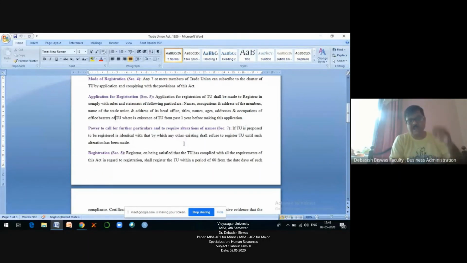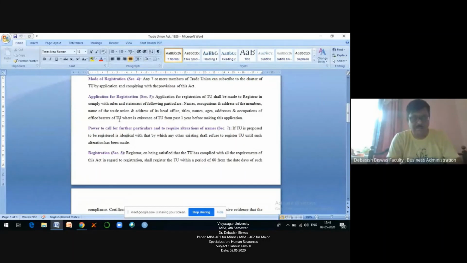And another section is there, power to call for further particulars and to require alterations of name. Suppose whatever name you have suggested here, name of the trade union, this name already exists, then in that case you have to change the name of your trade union. So that's why here it is written, if the trade union proposed to be registered has a name identical with that by which any other existing trade union is registered, the registrar shall refuse to register the trade union until such alteration has been made.